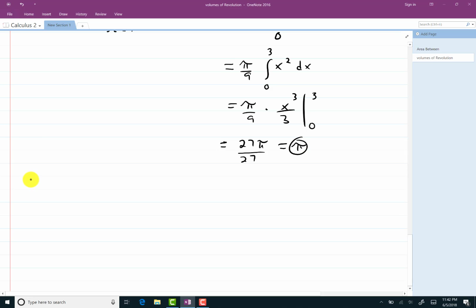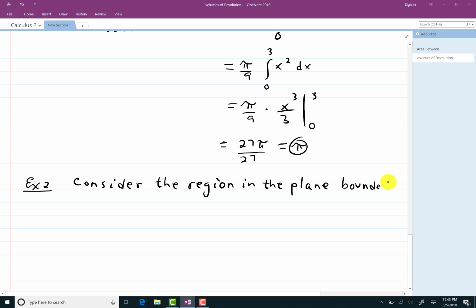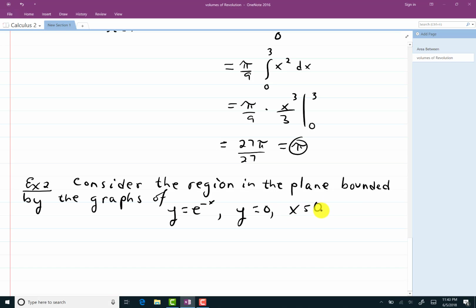So for my second example, I want you to consider the region in the plane bounded by the graphs of y equals e to the negative x, y equals 0, x equals 0, x equals ln 4.